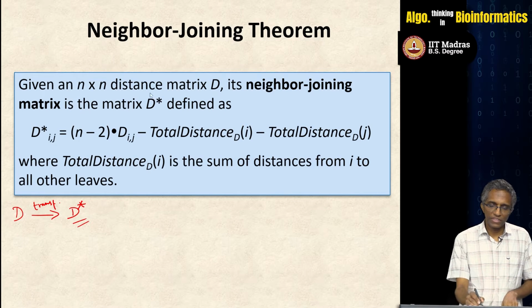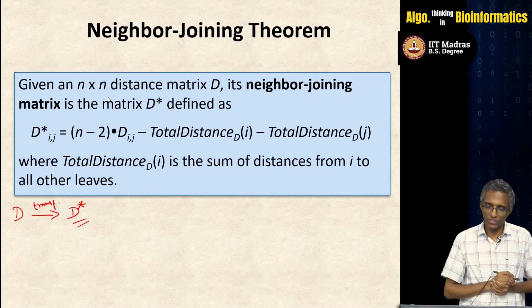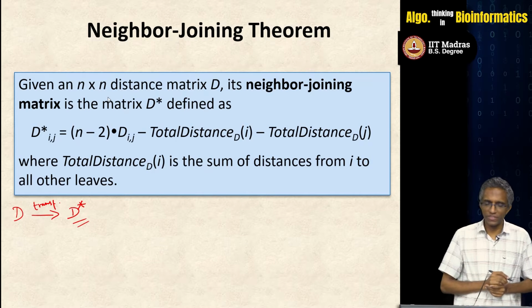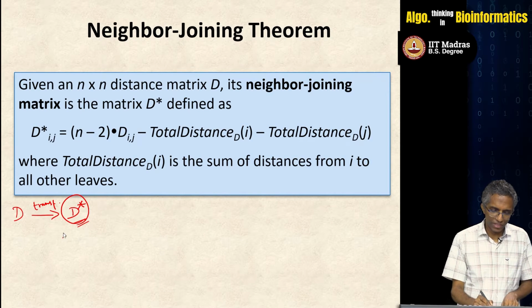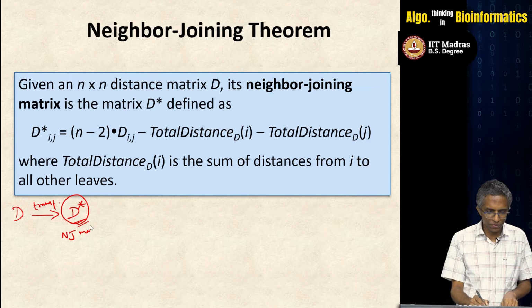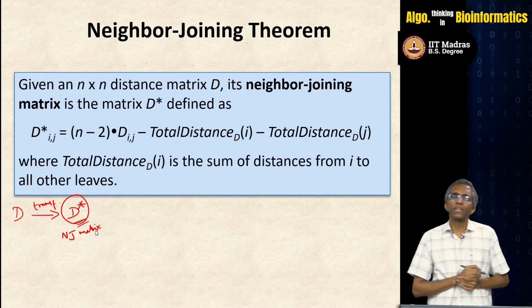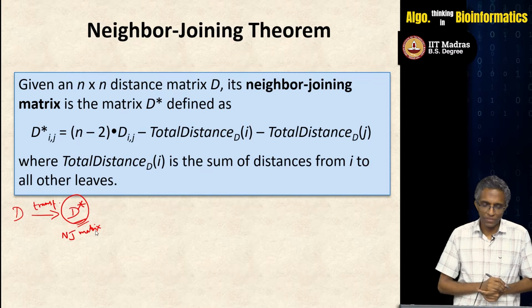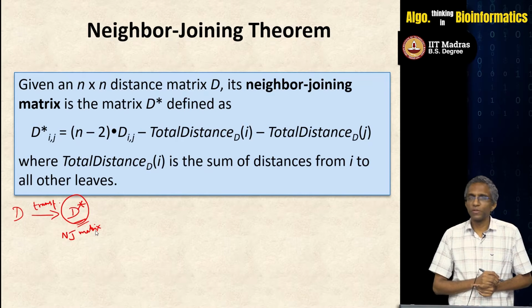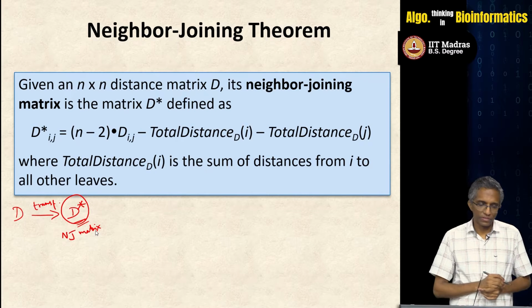Given an n cross n distance matrix D where you have n leaves or species, this D star is called the neighbor joining matrix. It is going to join neighbors together, as the cherry is going to get the smallest value there.